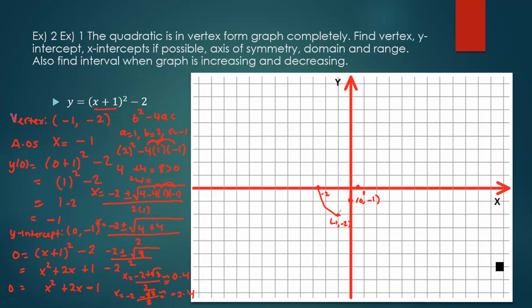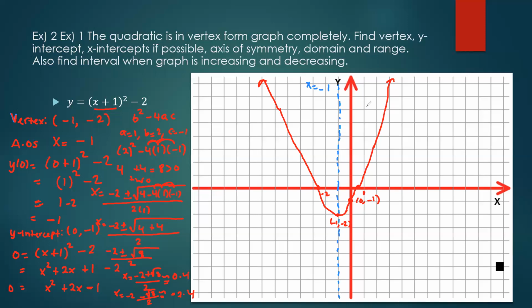Connect the dots. If you want to draw the axis of symmetry, it's x equals -1, right here. So that's our graph.